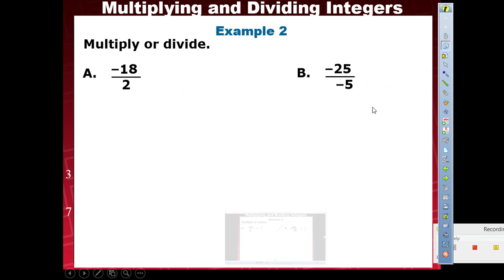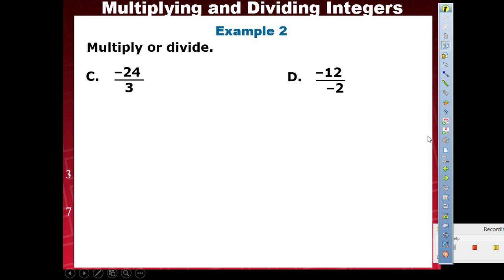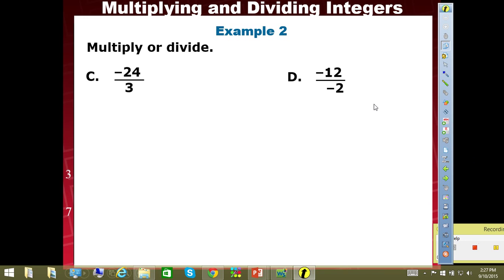So do these next two by yourself. Example 2C and D, because I want to see how you do. It's right there. Copy that, please. Go. Okay, here we go.